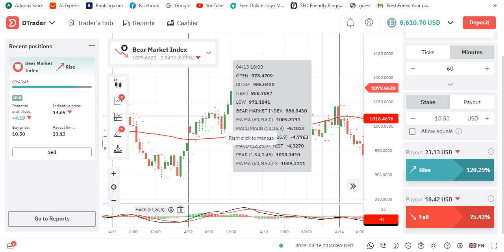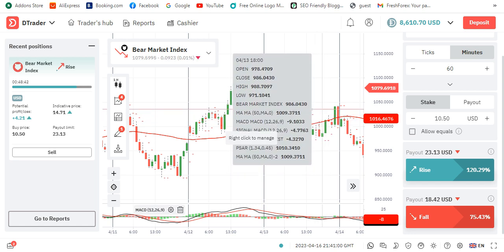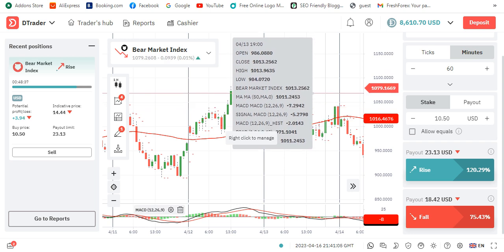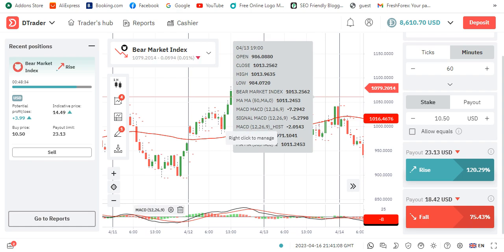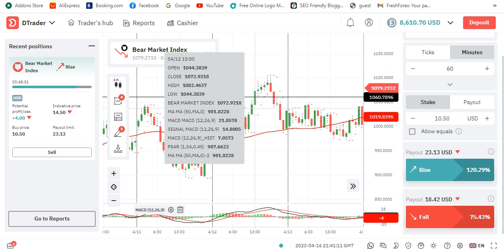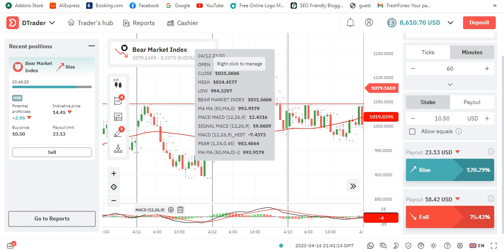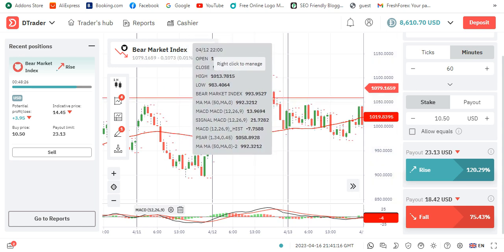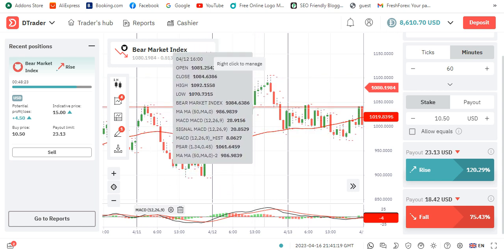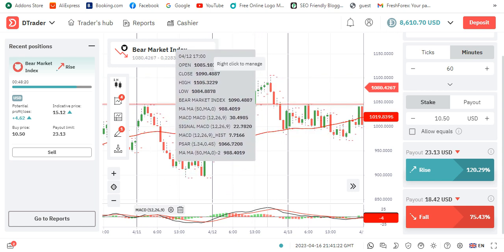So after this green candle, you could have entered from this candle and taken a profit up to a certain level. Assuming you enter here, you would have taken a profit at this level.